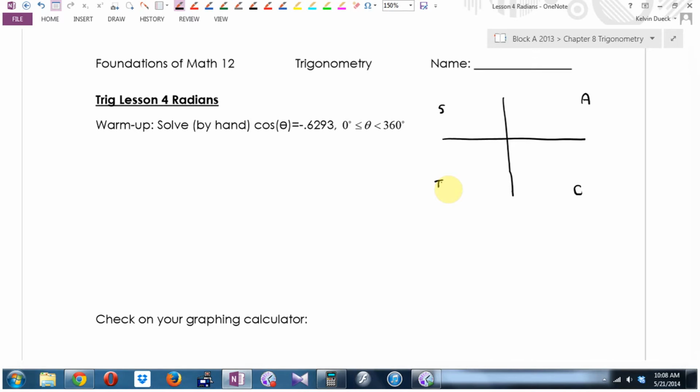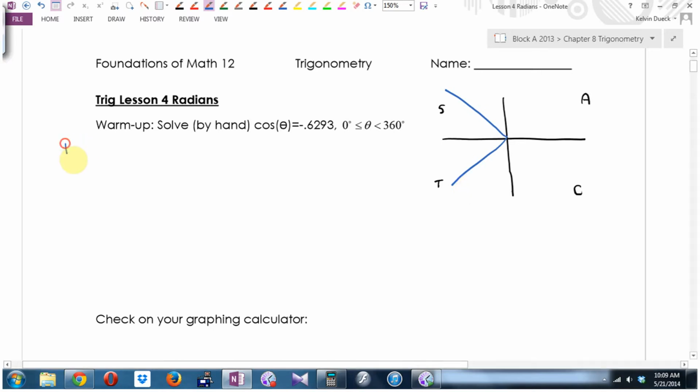Cosine, according to this question, was my answer positive or negative? So what quadrants is cosine negative? Got to be there and there. Which means I'm going to have one answer between 90 and 180, and one answer between 180 degrees and 270 degrees.